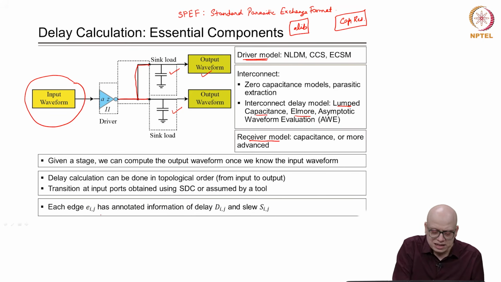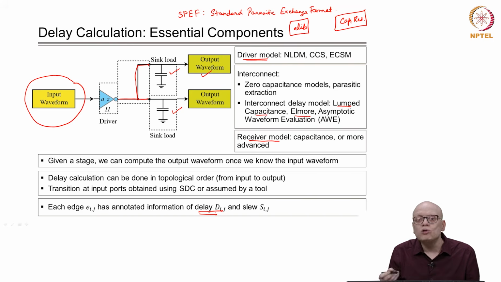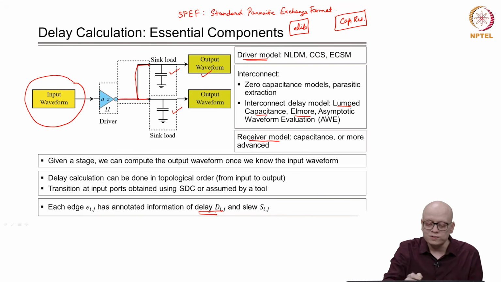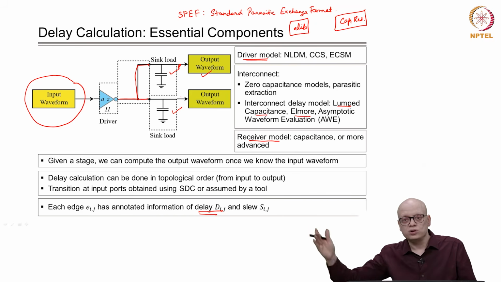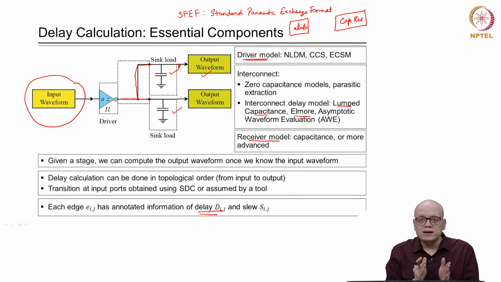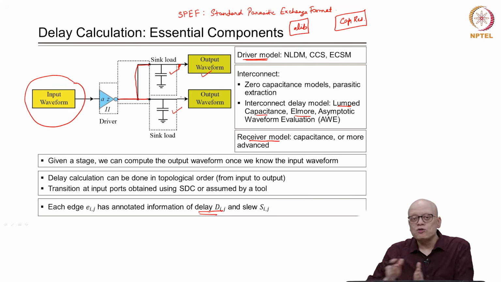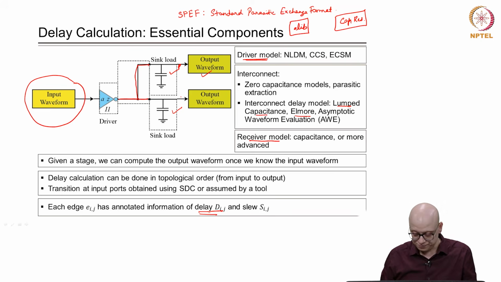So, each edge Eij has annotated information of the delay and also of the slew, because once we know the input slew, then we can compute the delay of the next stage and so on. So, whatever the output waveform will be here, it will be useful in the delay calculation of the next stage and so on. So, the tool will keep track of this input waveform, output waveform and the delay for the entire circuit.